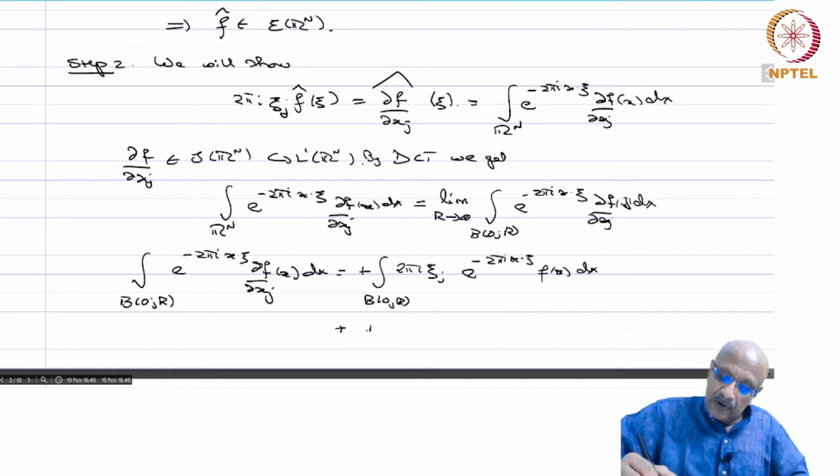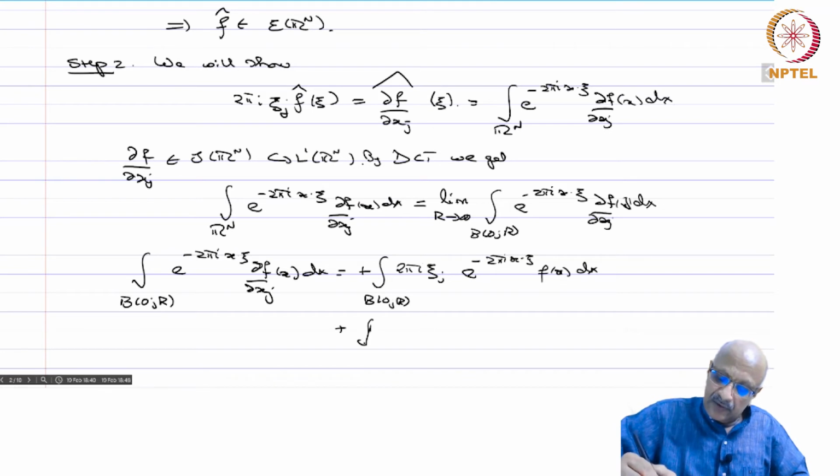And you have a boundary term. Now what is the boundary term? That is the integral over |x| = r, that is the sphere, of e^(-2 pi i x·psi) times f(x) times the outward normal in the j direction.